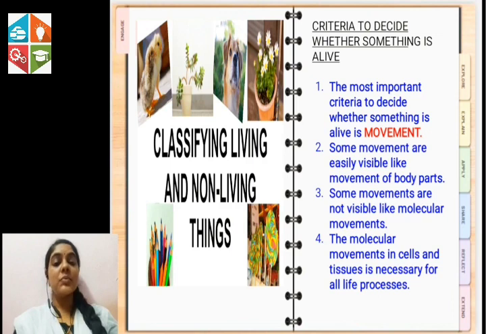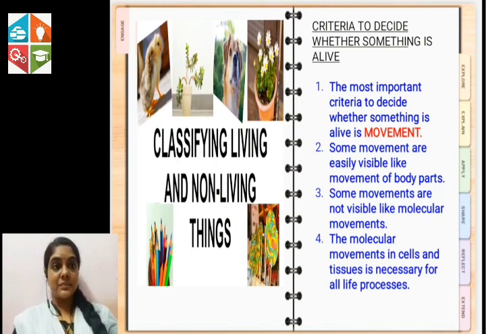So invisible movements are also considered in the criteria for living things. There are also molecular movements taking place in our cells and tissues. For example, nutrients are transferred from one place to another in our body by movement only. So one basic criterion to determine whether a person is alive is movement.